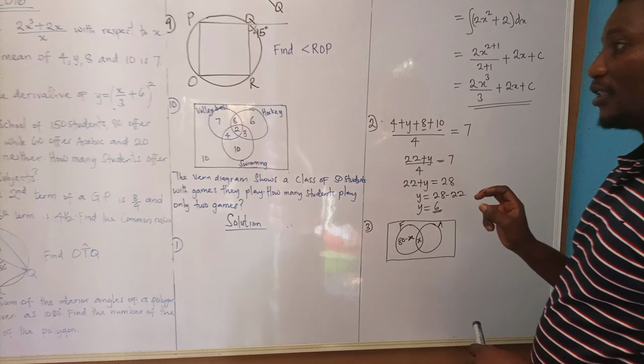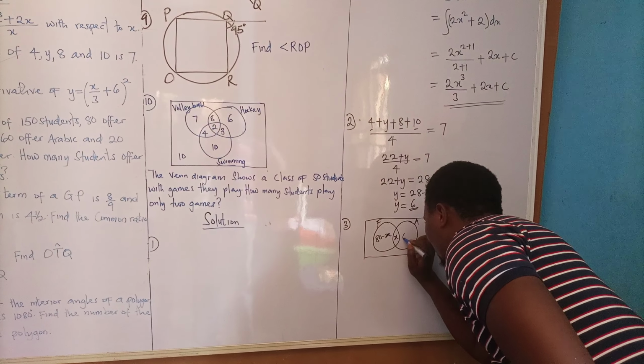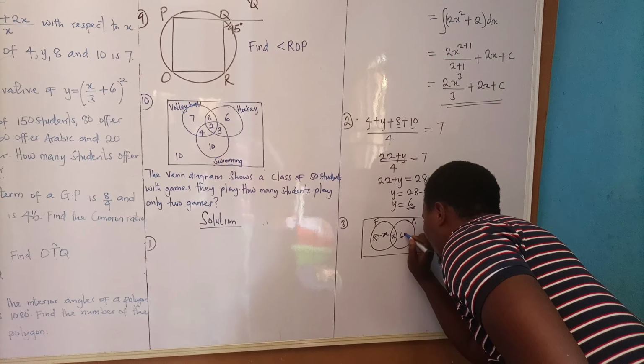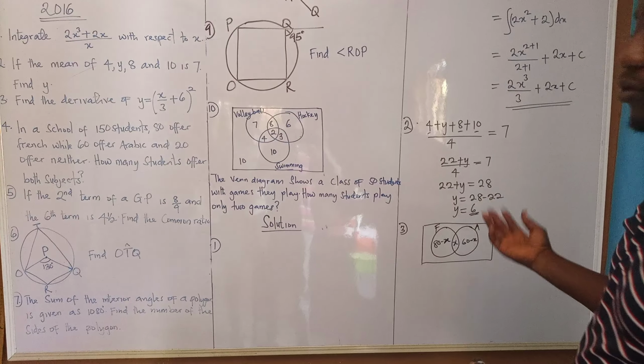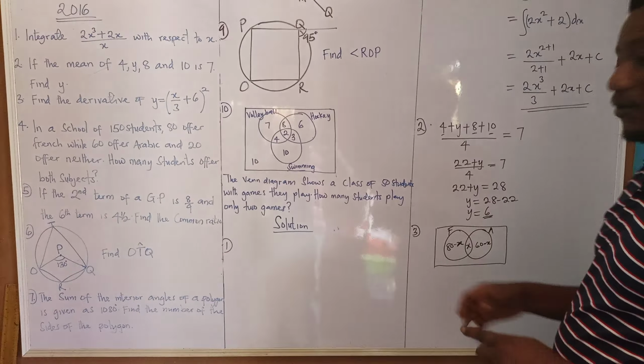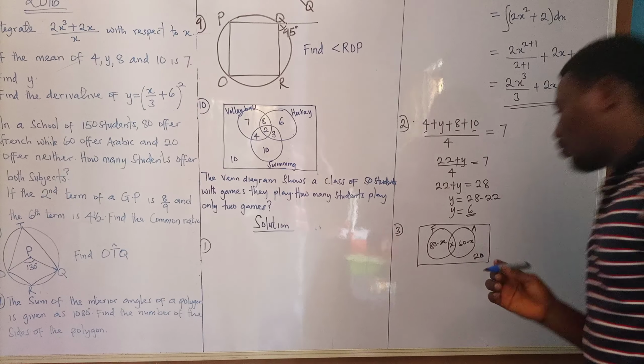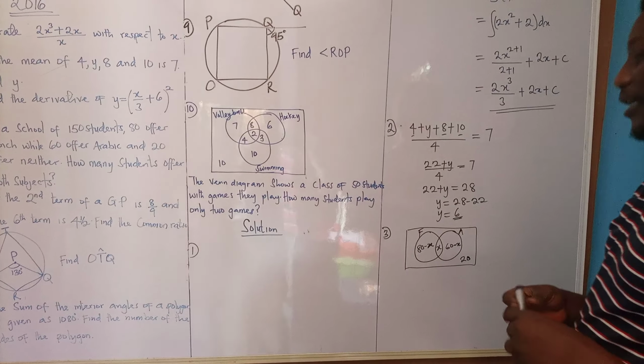And 60 offered Arabic in all. But what about the people that offered only Arabic? You just say 60 minus X. And we are also given the people that do not offer both Arabic and French. They said they are 20 in number. Definitely they will stay outside the two sets.